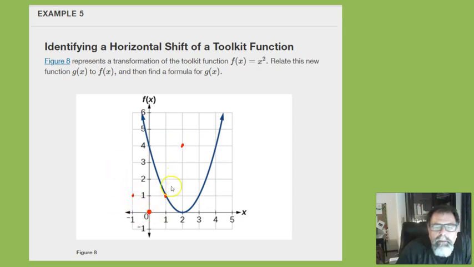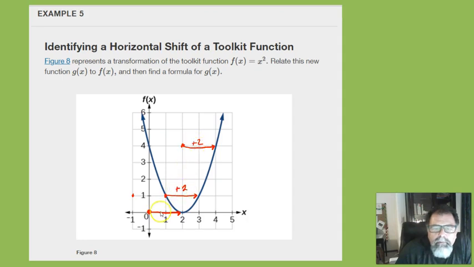So our parabola will be here, and what we're doing is shifting. The vertex is going that way, so it's going right 2 units. This point gets shifted 2 units that way. This one gets shifted 2 units that way.